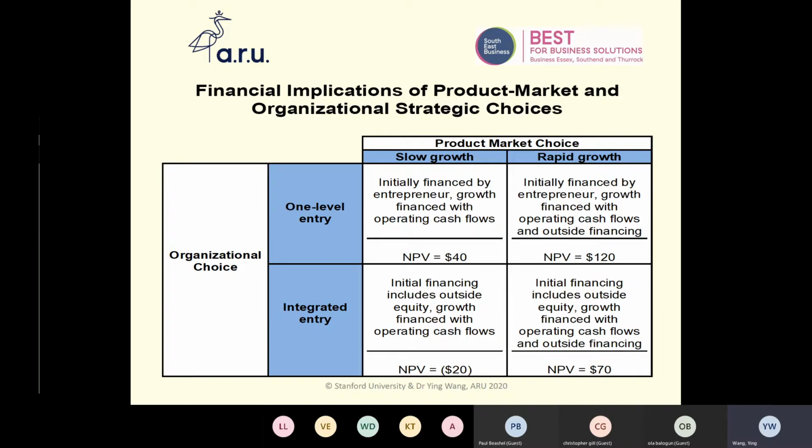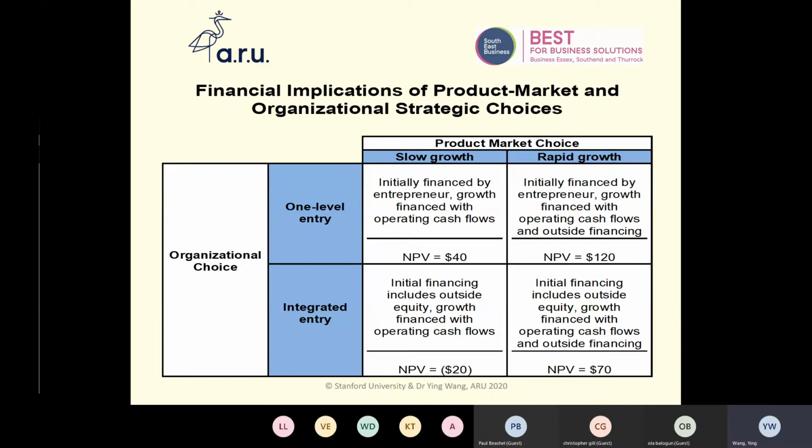So in this matrix, we can tell that based on this case, the best consideration will be one level entry with rapid growth, because it gives you the highest NPV at $120,000. If it is slow growth, one level is $40,000.